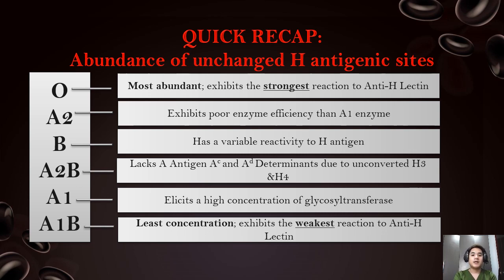So remember that your A2 has a characteristic weak enzyme activity that is only capable of converting H1 and H2 antigens, with poor conversion of H3 antigen. And while your B has a variable reactivity, when coupled with your A gene it becomes more competitive at H determinants and will tend to dominate over your A2 enzymes.